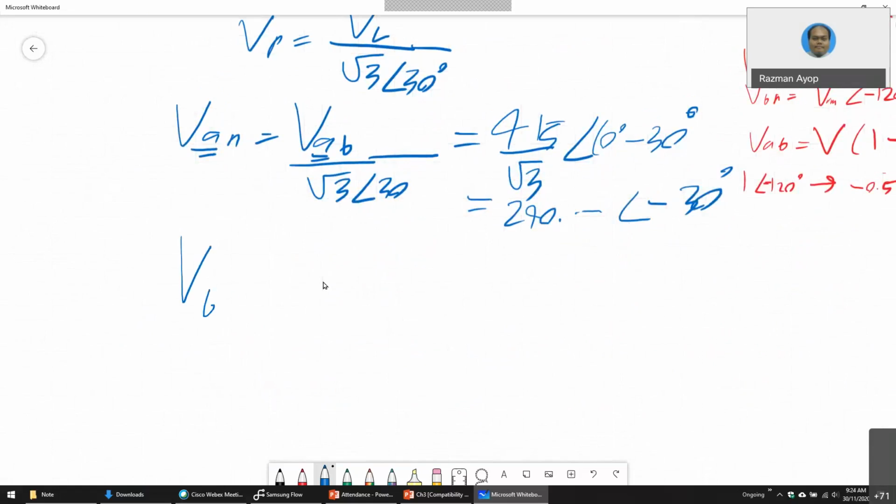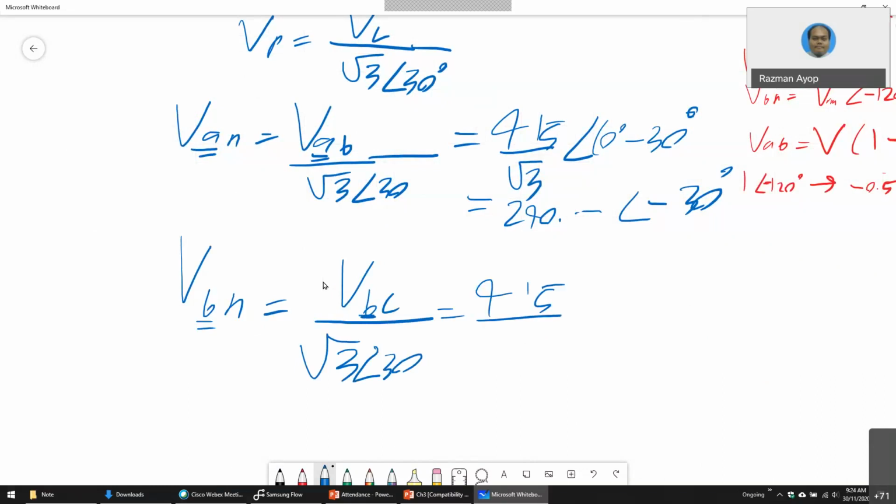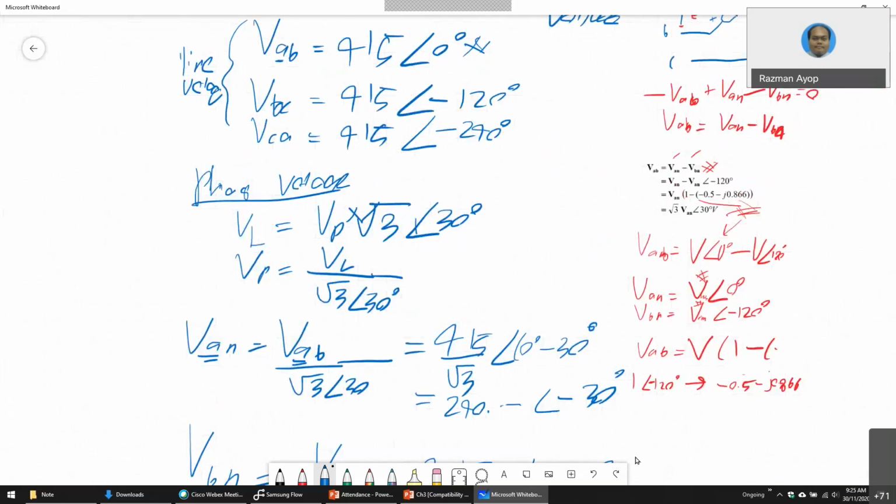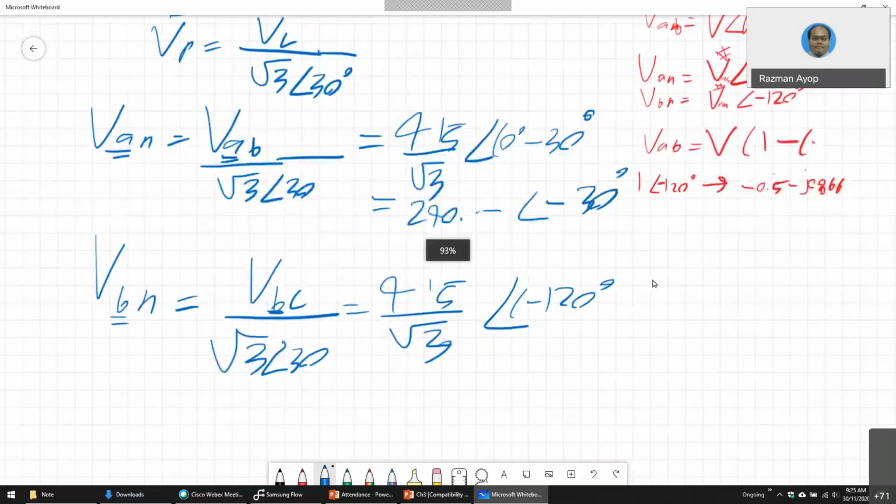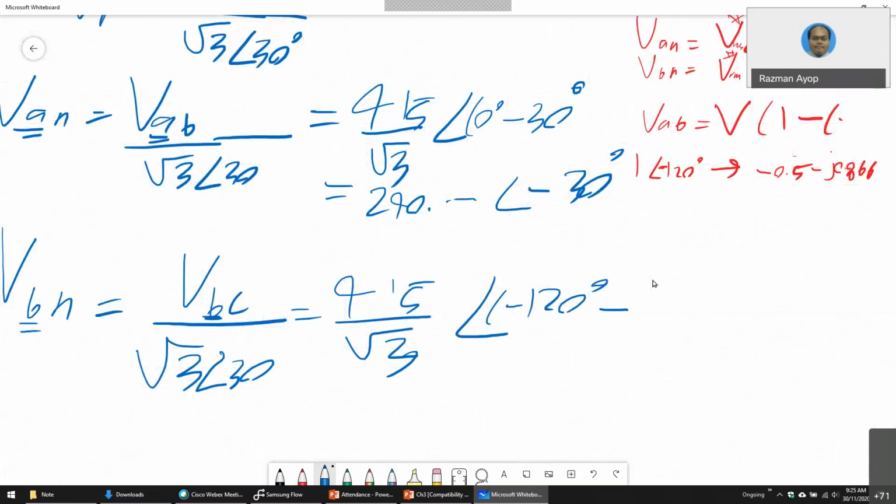How about VBN? Remember, VBC, so B and B need to be the same, divided by square root 3 angle 30, equals 415 divided by square root 3, angle: VBC is negative 120 degrees, minus 30.